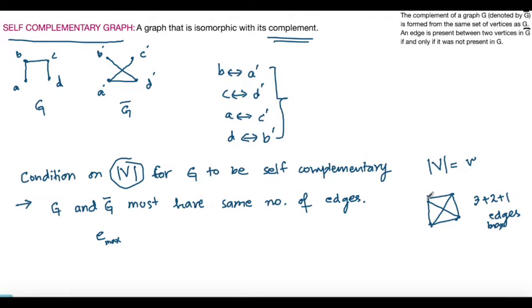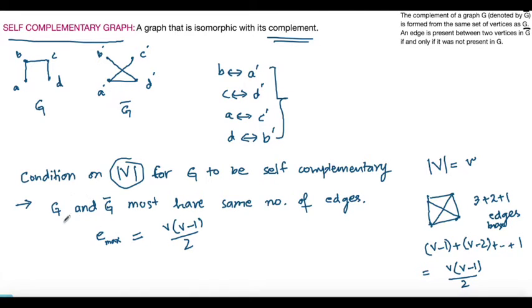Why? Because the first can be connected to 3, the second to 2, and the third to 1. Similarly, for a graph with v vertices, the first can be connected to v minus 1, the second to v minus 2, and the last to 1. This gives the well-known formula v times v minus 1 over 2, the maximum number of edges.